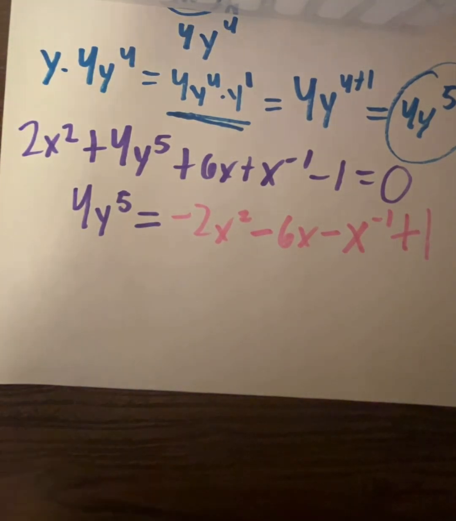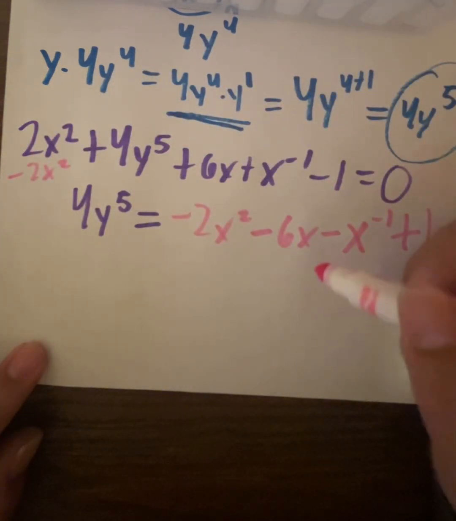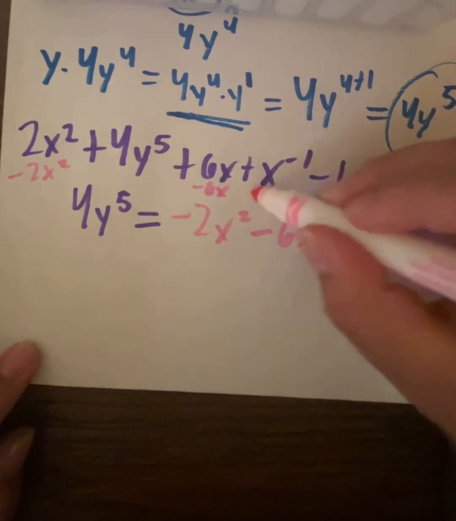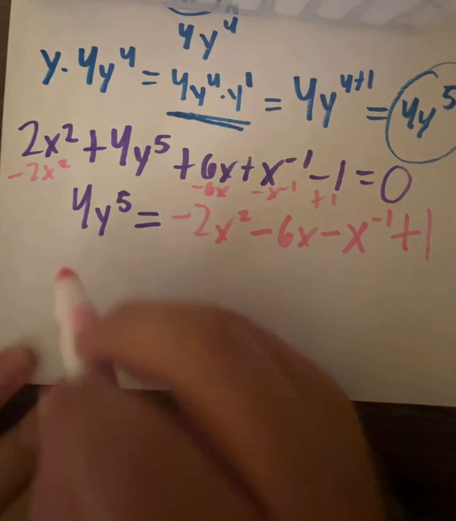We're basically just isolating the y. You want to look at it that way. So we're stuck with this for right now.